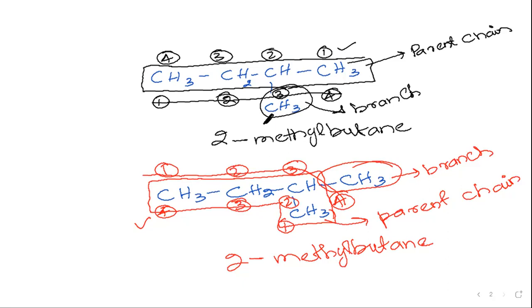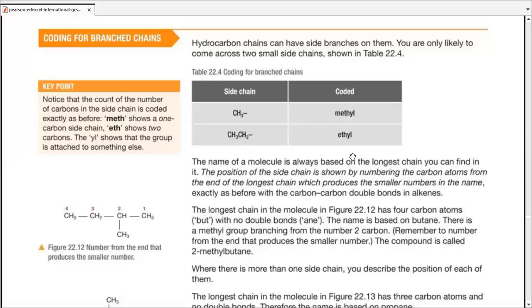Make sense? So let's get back to the book. We are going to practice with different compounds, but after I explain a couple of things more. What I was explaining was that there are two types of side chains that usually are a part of IGCSE.